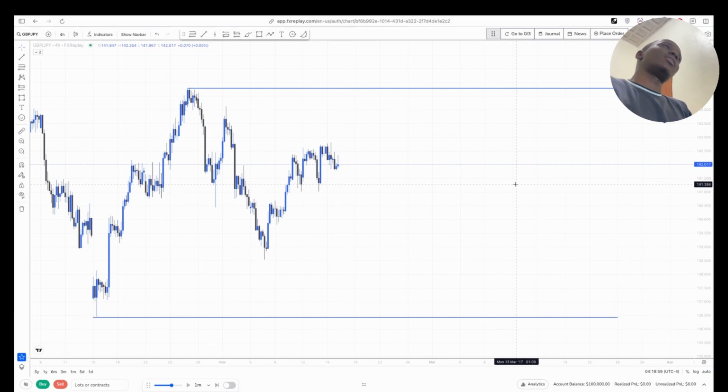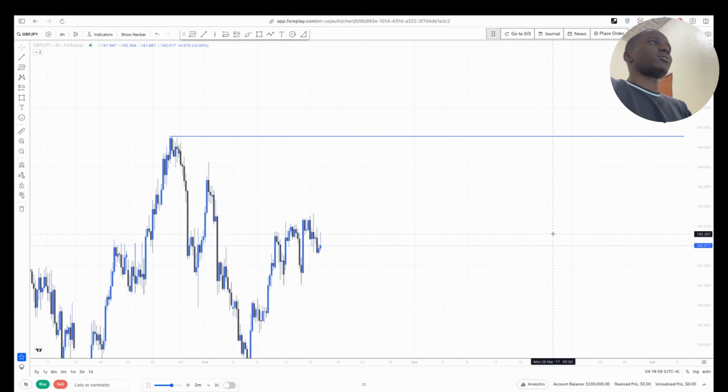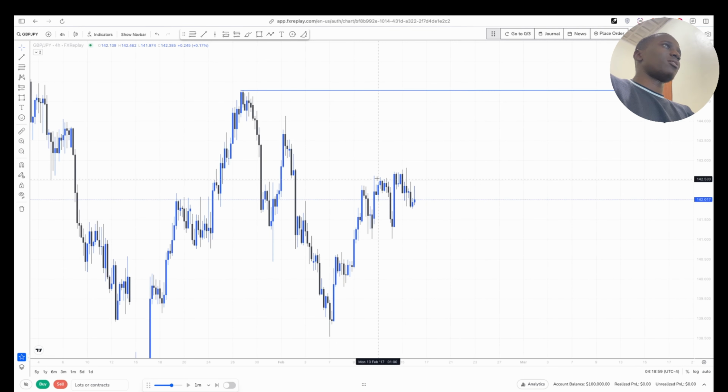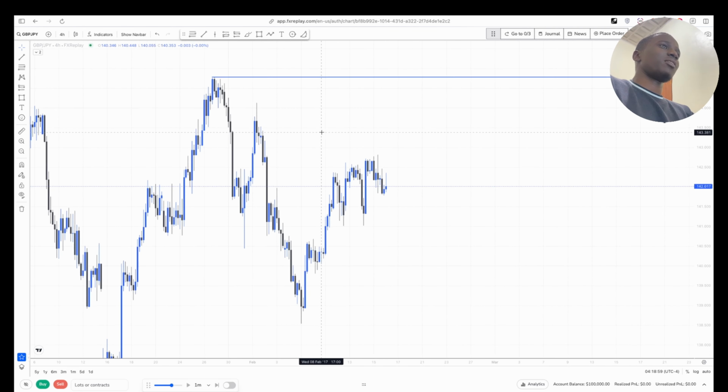So since we were in a corrective move, we might expect to take out the highs that were above on the high time frame, because we have to finish up this corrective move as we saw on the high time frame to approach the order block. So that is actually our narrative, and then we can have a bullish bias like this. Looking at the day, we can have a bullish bias, and these time frames could also give us some kind of bullish bias. Let's go to the 2 hour now.